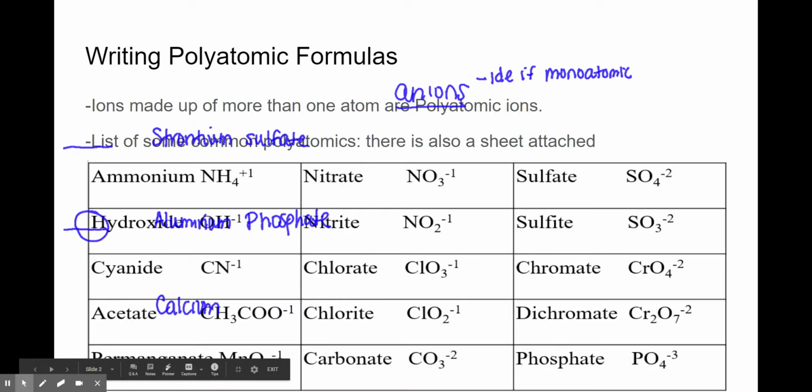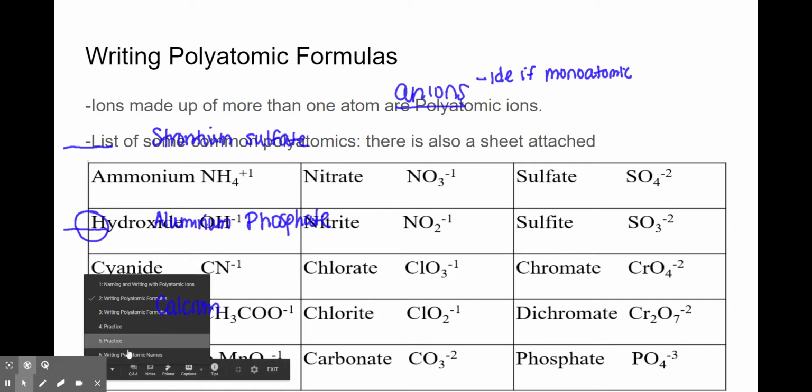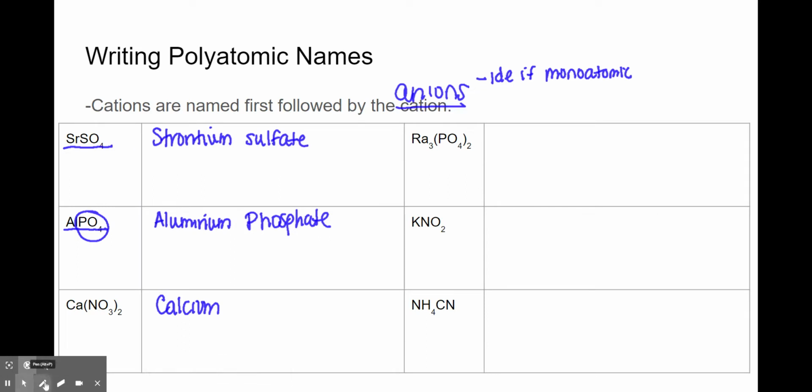NO3, it's named nitrate. So this compound is called calcium nitrate. Stop yourself, see if you can get the rest of them correct.